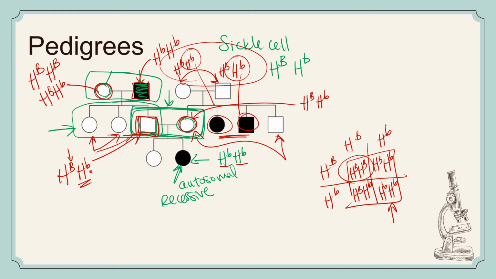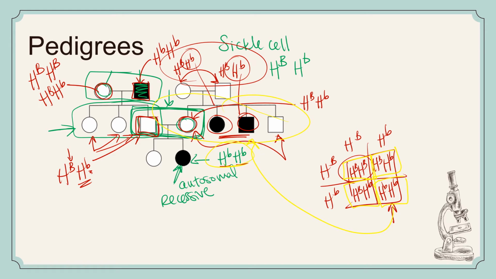This does not mean that one child is homozygous dominant and two children are heterozygous and one child is homozygous recessive, because notice in these four children, definitely two of them have that H little b genotype.